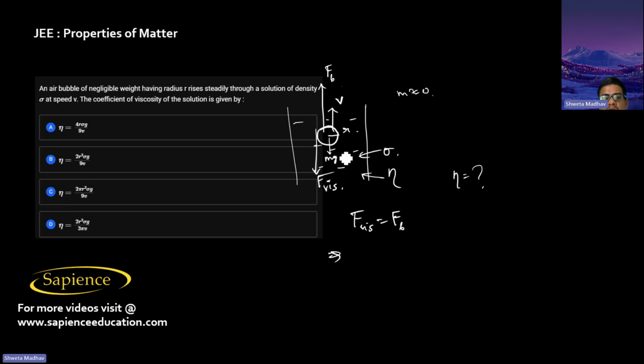Mg weight is approximately 0. So the viscous force, that is 6πηrv, is equal to the buoyancy force, which is 4/3 πr³ volume into σ into g.